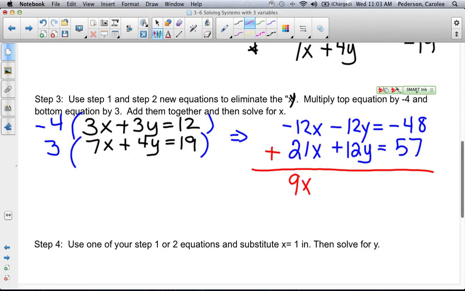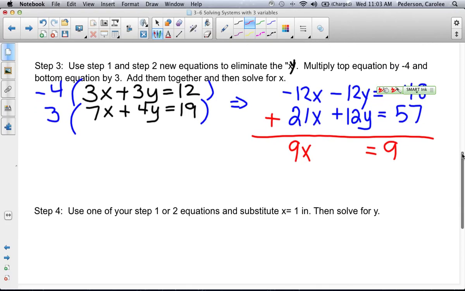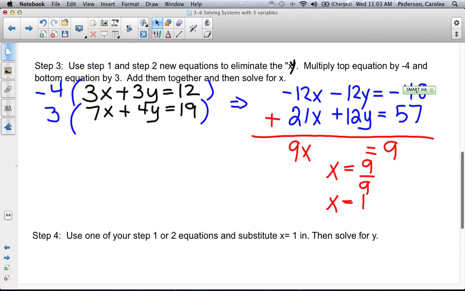Notice the negative 12y plus 12y cancels out, and negative 48 plus 57 is 9. Now we're down to one variable, x. We divide both sides by 9, so x equals 1. We've now found our first variable, x equals 1.